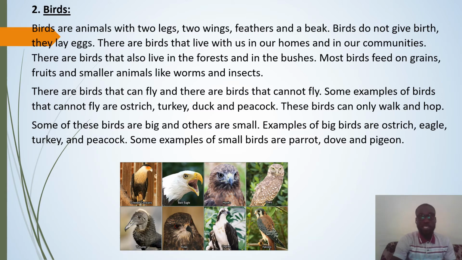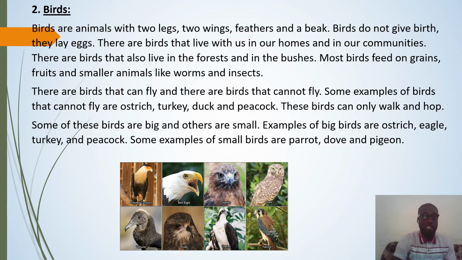There are birds that can fly and birds that cannot fly. Some examples of birds that cannot fly are the ostrich, turkey, duck, and the peacock. There are other birds that do not fly as well, which may not have been mentioned here. These birds can only walk and hop.